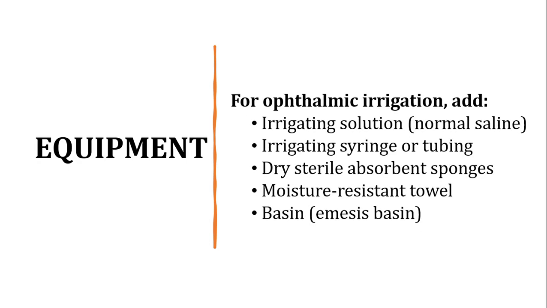And for ophthalmic irrigation, add irrigating solution, which is usually normal saline, though it can be others, but usually normal saline is used. Then the irrigating syringe or tubing, dry sterile absorbent sponges, moisture resistant towel, and basin or emesis basin for collection of the solution after it leaks out from the client's eyes.